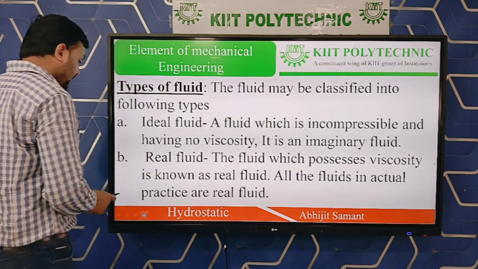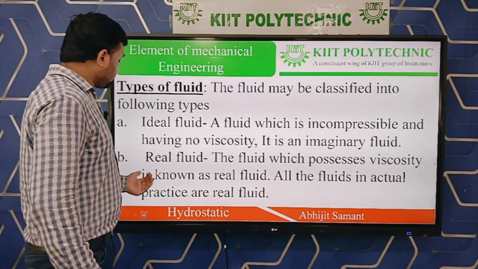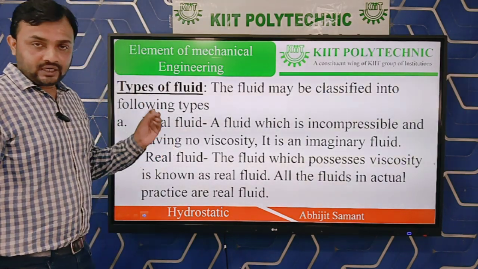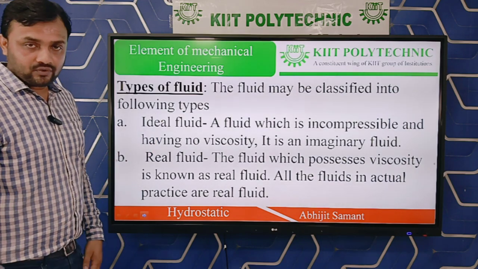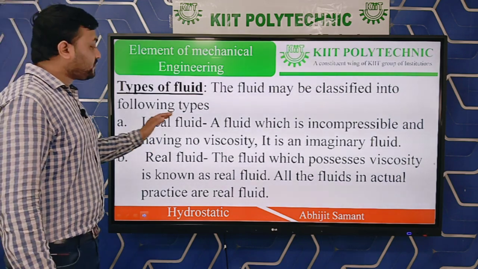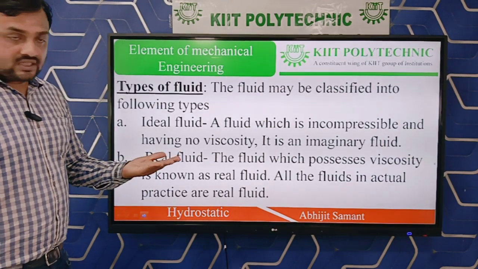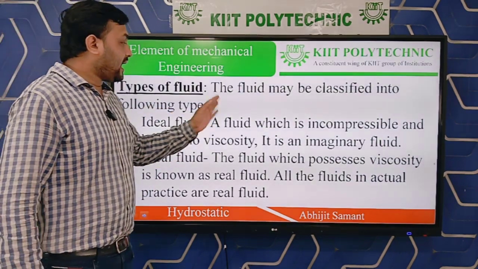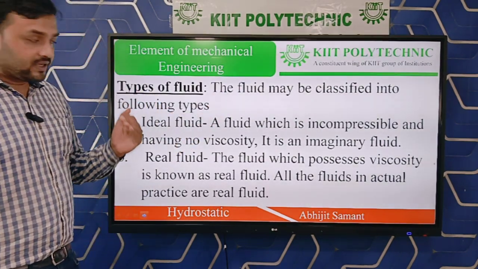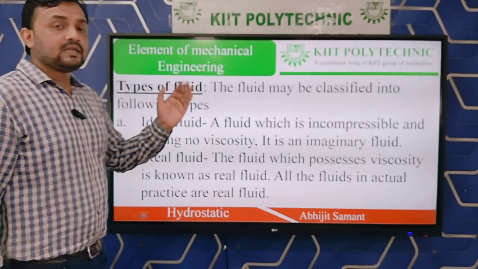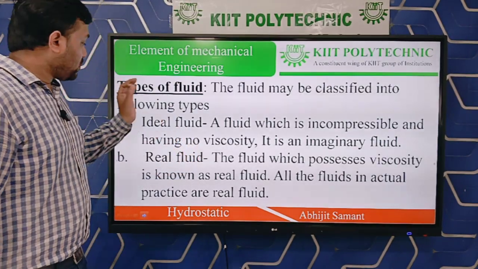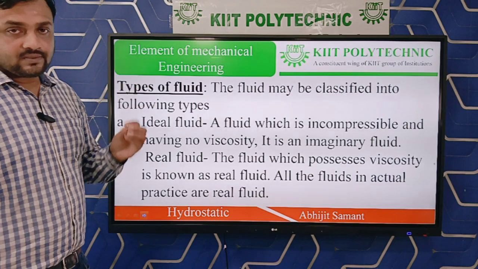Types of fluid. In types of fluid, we have discussed the ideal fluid, real fluid, Newtonian and non-Newtonian fluid. An ideal fluid is an incompressible fluid, an imaginary fluid that does not exist practically.